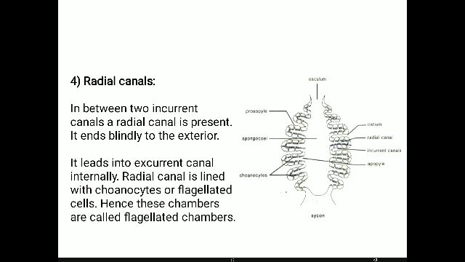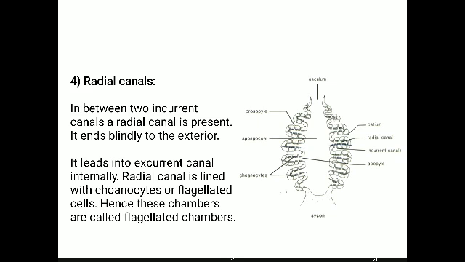The next is radial canal. Radial canal, the flagellated chamber. In between the two incurrent canals, here is one incurrent, here is another incurrent, there is a radial canal present. It ends blindly to the exterior.